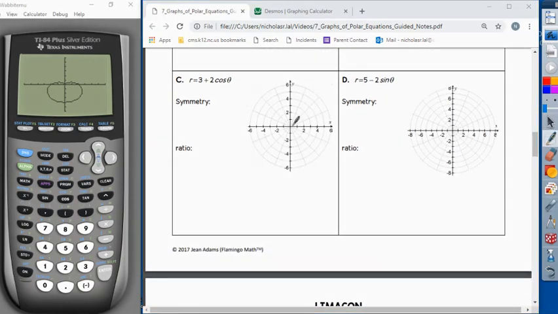C, r is equal to 3 plus 2 times the cosine of theta. You have your polar axis. Symmetry of the polar axis. You have a ratio of a over b, which is 3 over 2. So this is a positive cosine, so it's going to open right.